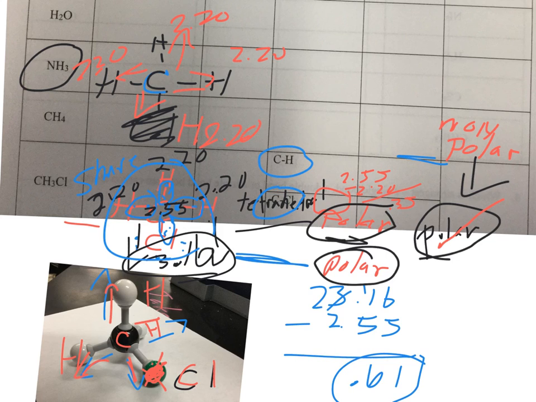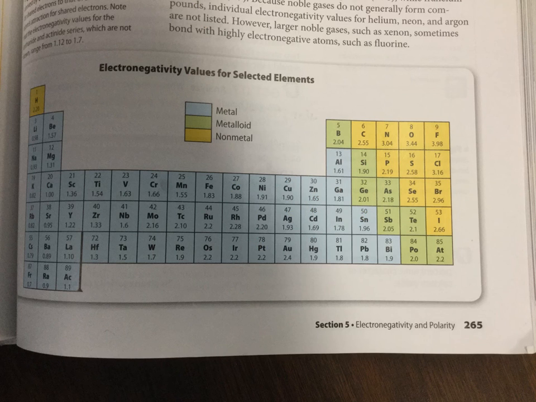How would you know which ones are in the middle? How do you know which ones are what? Like the one where it was CH3Cl. How would you know that the carbon's in the middle? That's a good question. Let's go ahead and put that on a piece of paper.